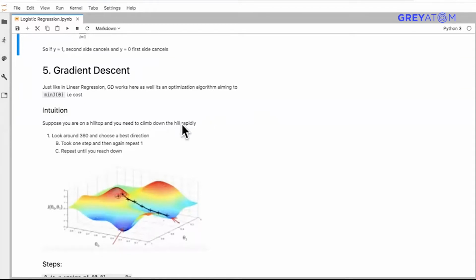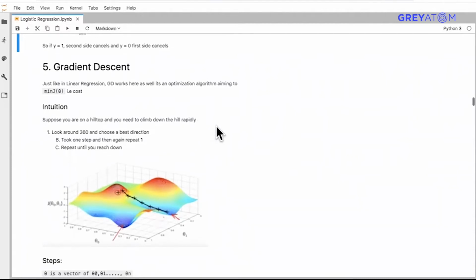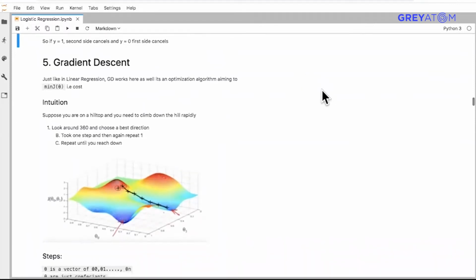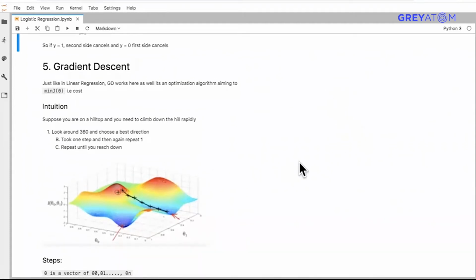You'll take a step in that direction. Again, stop, look around, see which is the best possible steep direction, and take another step. You will keep repeating the steps until you climb down the hill and you're at the bottom. Simply put, that's what gradient descent does. You start at some point and it keeps reducing your cost going forward.